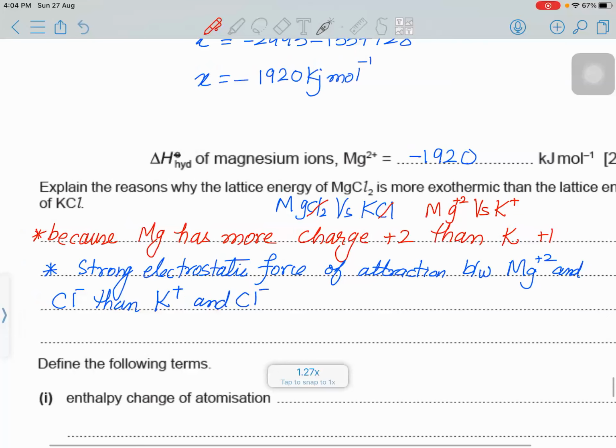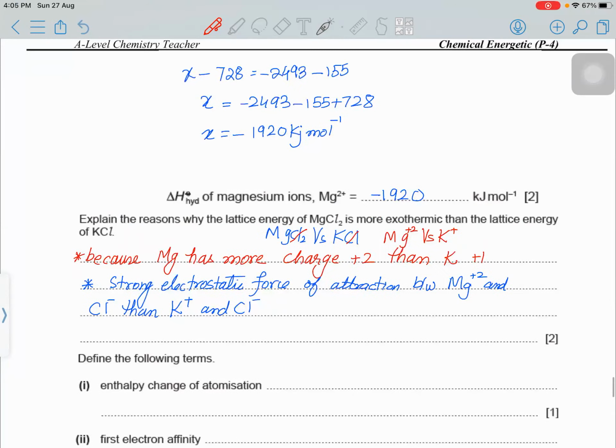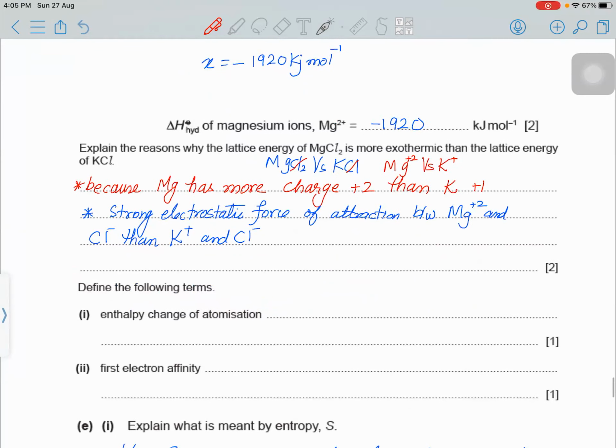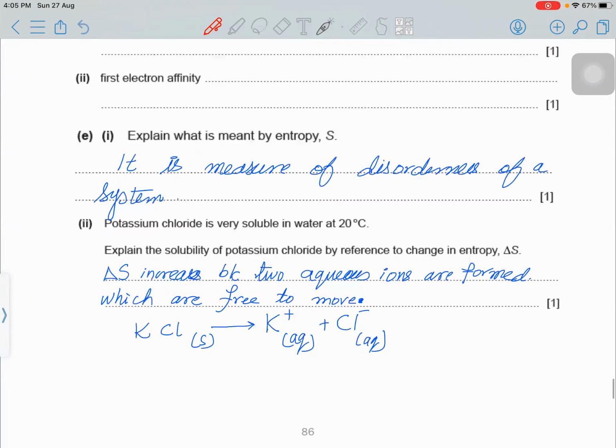Are you getting my point or not? This is for 2 marks. You can also write the size, right? Size of the magnesium is smaller. Beta, are you getting my point or not? Yes, sir.